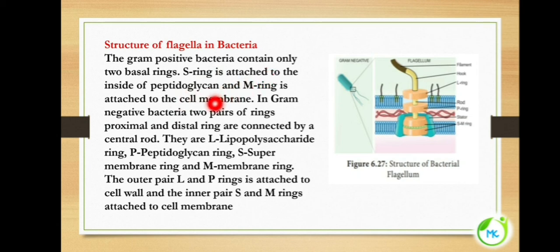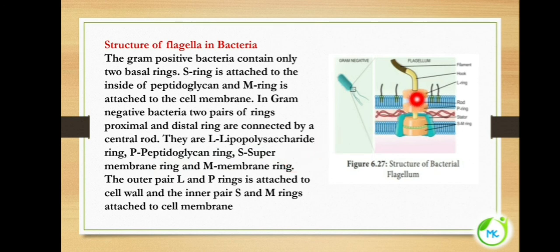So in gram-positive bacteria, only two basal rings are found, whereas in gram-negative bacteria, two pairs of rings are found, one at the proximal end and the other at the distal end. Both are connected by means of a central rod-like structure. So there are four different kinds of rings: L ring, lipopolysaccharide ring; P ring, peptidoglycan ring; S, supramembrane ring; and M, membrane ring.